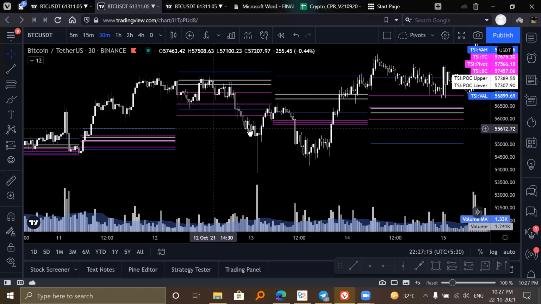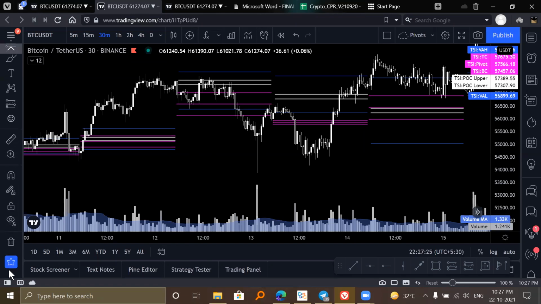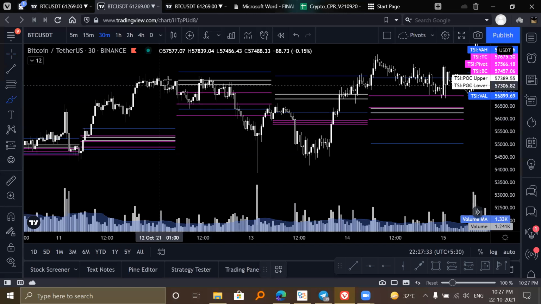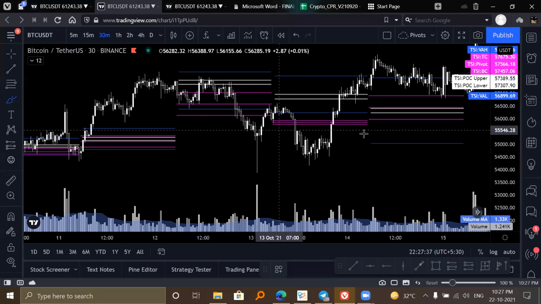So 12 October, price was moving in this range, right? See, this is the narrow pivot.